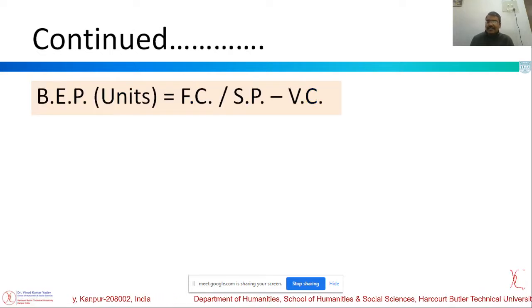Now, if you want to understand the break even point in terms of sales, simply see: this is the number of units, multiplied by sales price per unit.